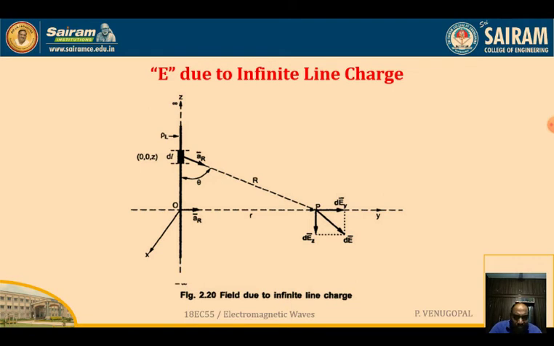One is the electric field intensity along the y-axis as dEy. Another is the electric field intensity along the z-axis as dEz, which is shown. And for this line charge distribution, as I told you, we have the charge density called rho L. Rho L is the linear charge density, which is the ratio of charge per unit length.